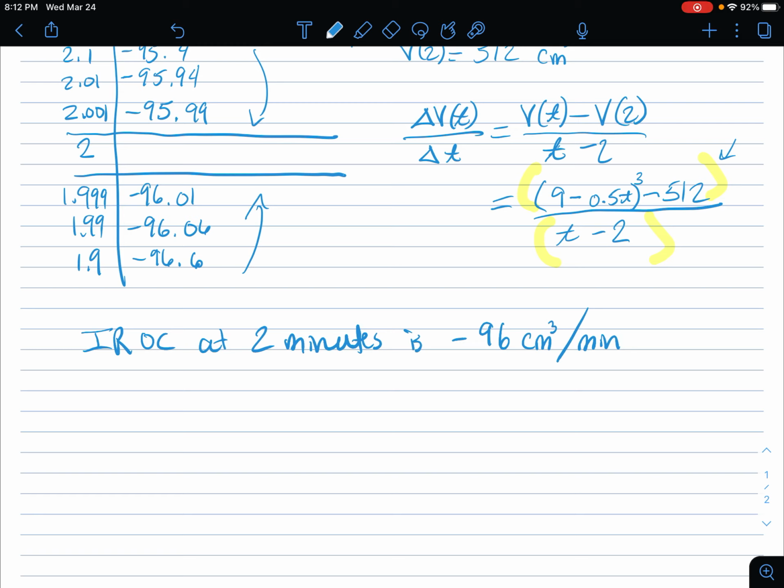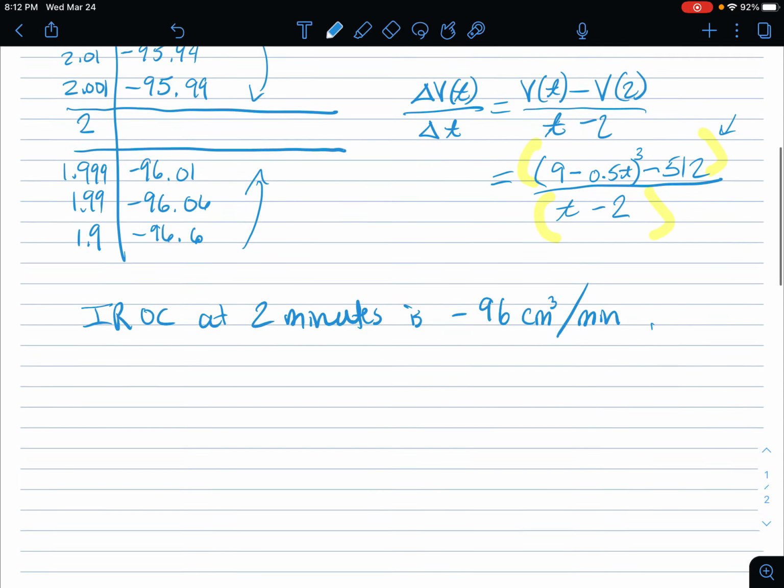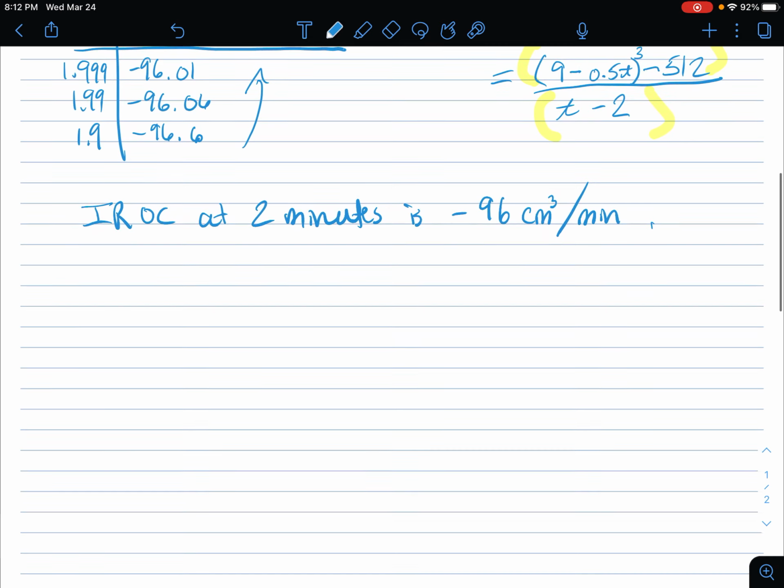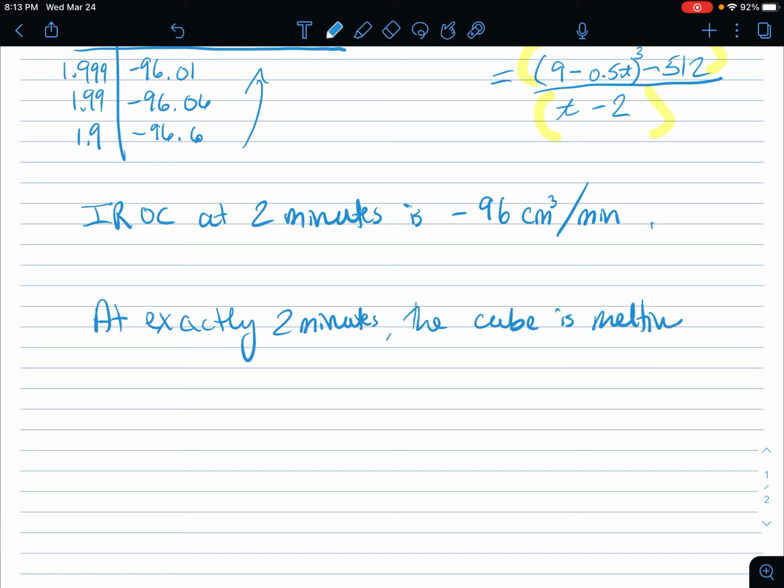Now, when it asked you to interpret, I saw a lot of answers that were kind of like this sentence here, but not really explaining the context of the ice cube. So we want to say something like this: at exactly 2 minutes, the cube is melting at a rate of 96 centimeters cubed per minute.